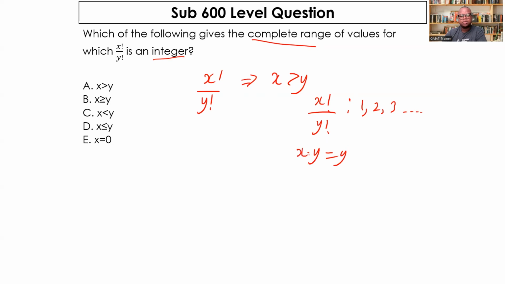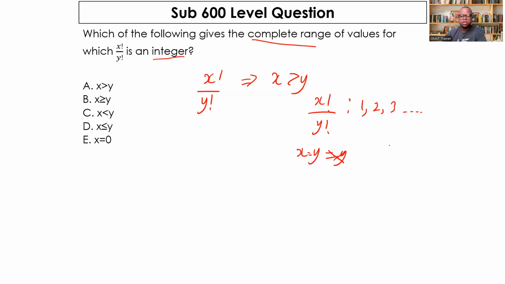Sorry, I had it the other way around; x must be equal to y. So if x is equal to y, then you'll have 1, because x factorial by x factorial will give you 1. So that's the condition, so an equal sign also has to be there. And a combination of these two will give you an integer. The rest will fall into place.